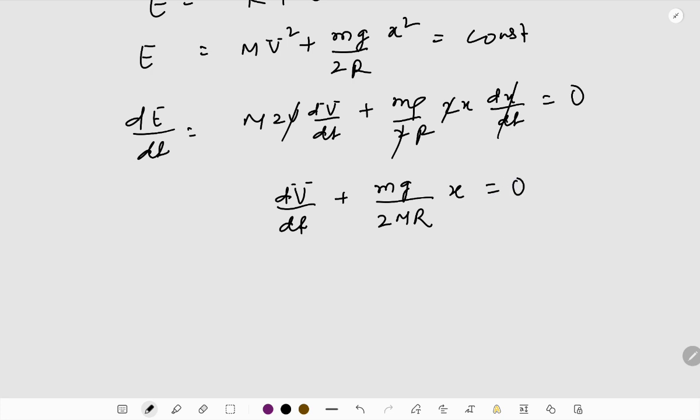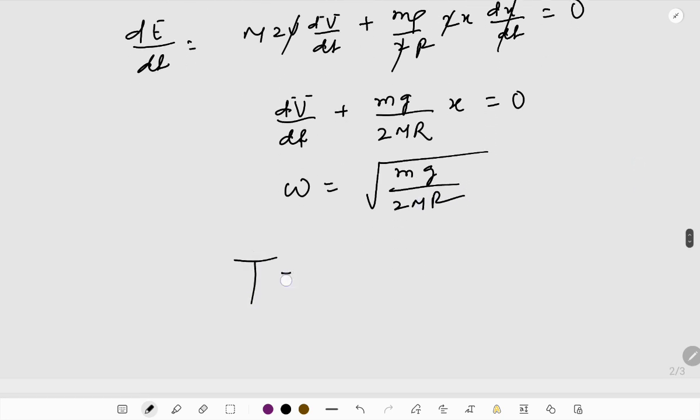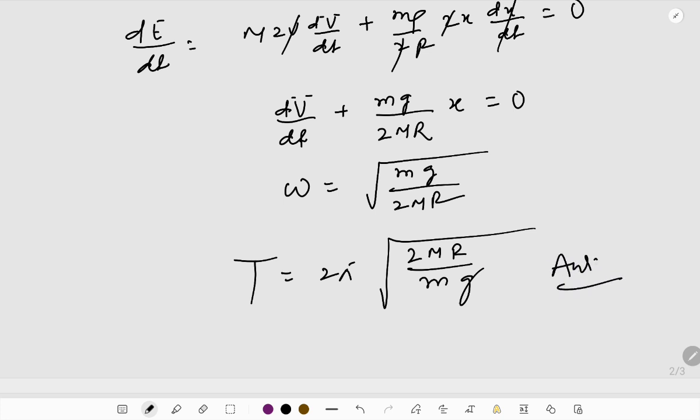And you can see from here that the angular frequency of this small oscillation will be simply under root mg upon 2mr, and that means time period of the motion is 2 pi upon omega, that means 2 pi root 2mr by mg, and that will be the answer of this problem.